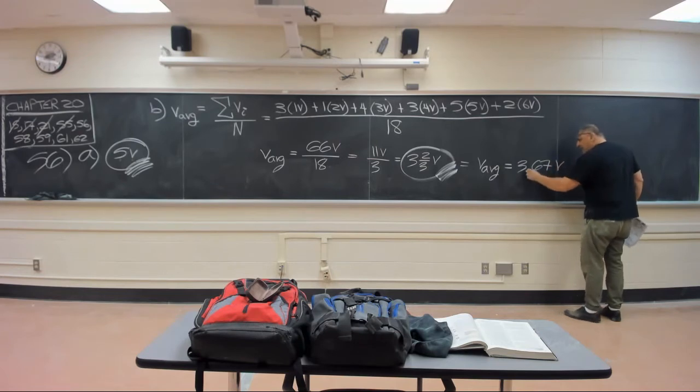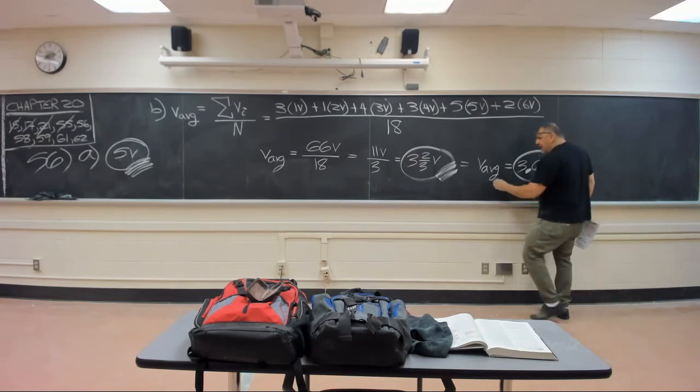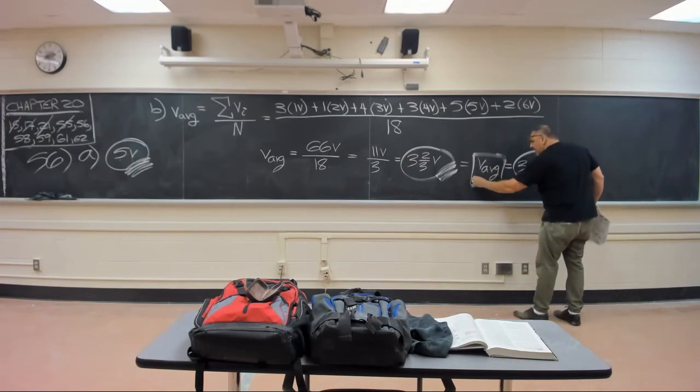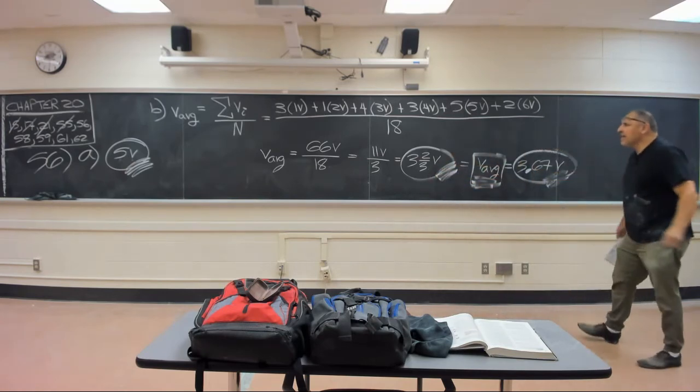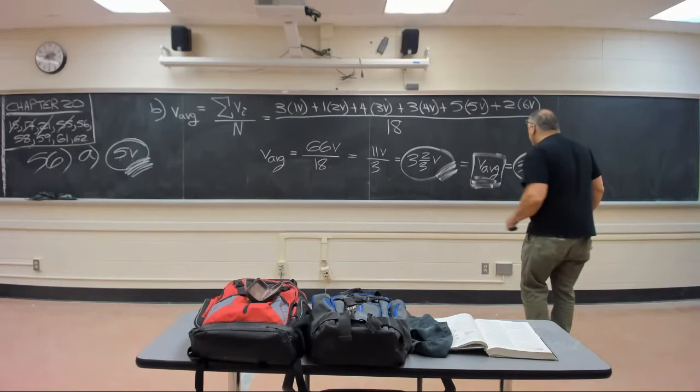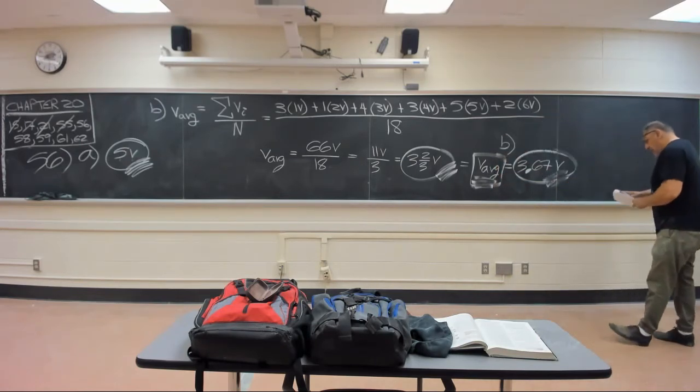Roughly, it's 3.66 going on forever. The average is that, which can be rounded to that. And that's B.